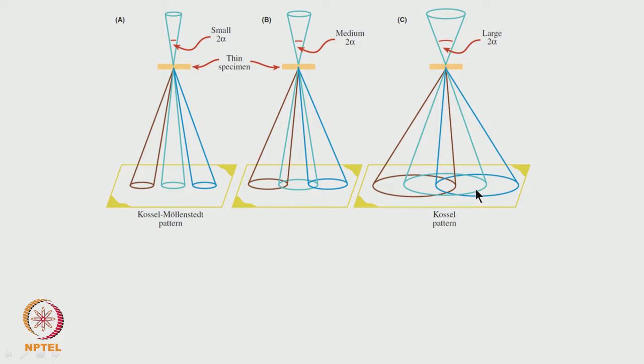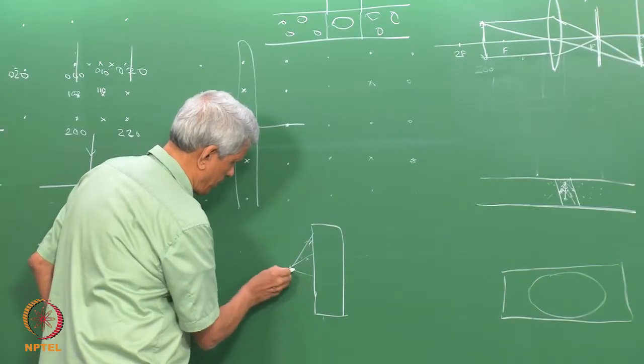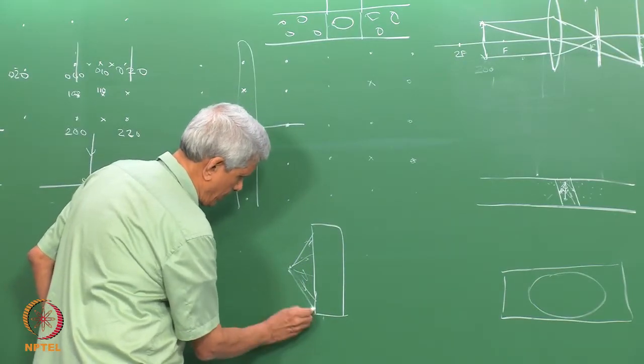This is one technique, the Kossel technique, which is used in X-ray. Suppose I have a sample here, and I put a divergent beam of X-ray here, as close as possible to the sample, the beam diverging like this.